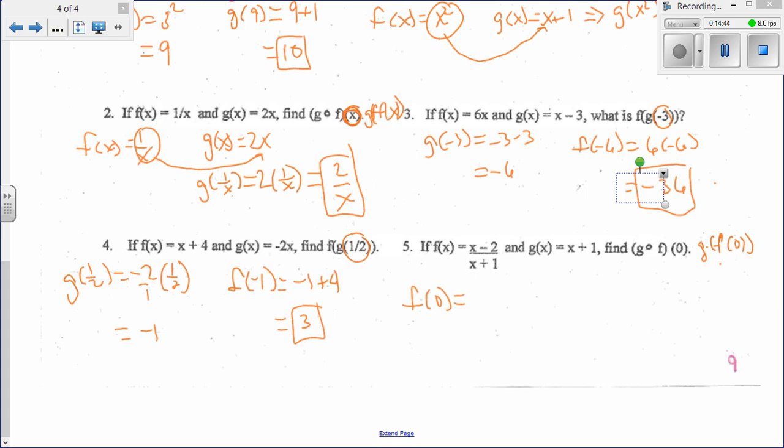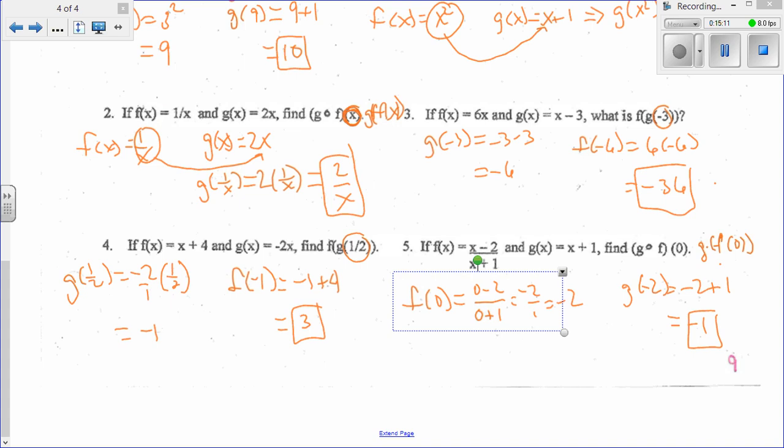So f of 0 is going to be 0 minus 2 over 0 plus 1, which will give me negative 2 over 1, which is negative 2. Now I'm going to take negative 2 and put it in place of x in g. So g of negative 2 would be negative 2 plus 1. And negative 2 plus 1 is negative 1. So my final answer is negative 1.